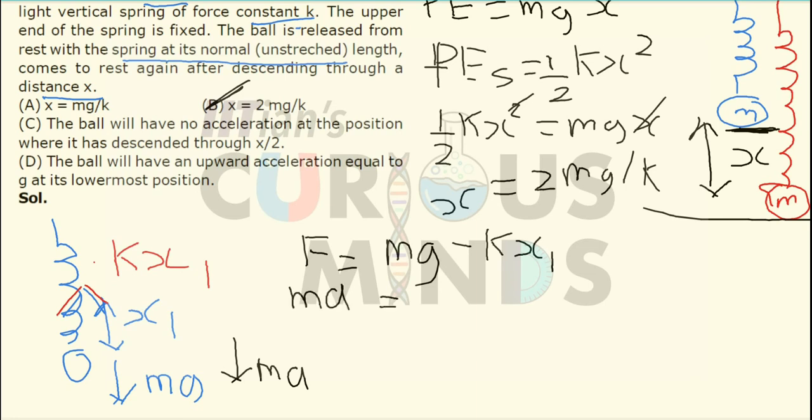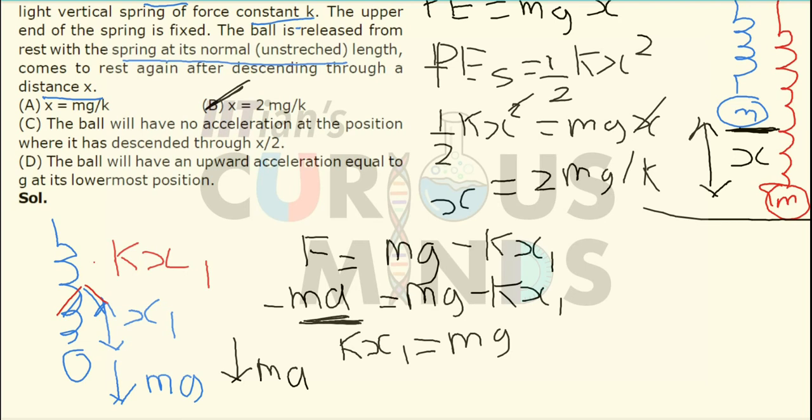Now it is given that the body does not have any acceleration. It means that the acceleration of the body is equal to 0. So if I substitute a as 0, then mg will be equal to kx1.